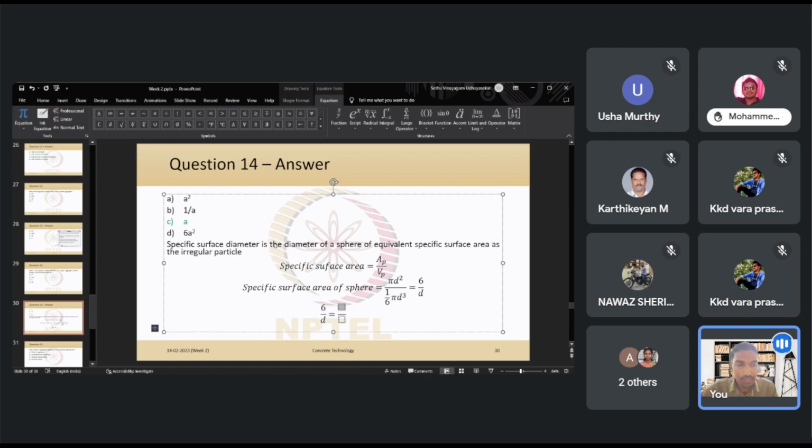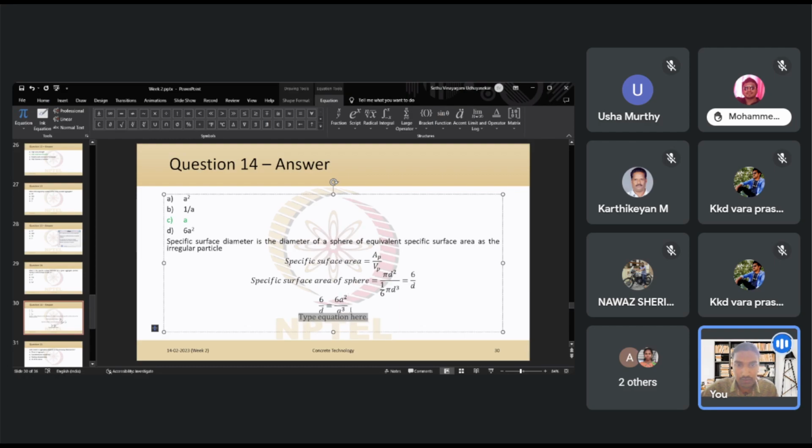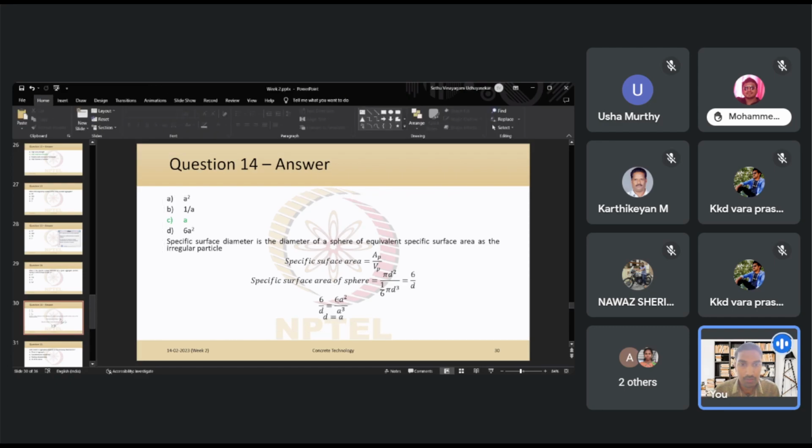For the cube, the area will be 6a squared, since each side is a square and there are 6 sides. The volume will be a cubed. The 6 cancels on both sides, and a squared over a cubed leaves a. So finally d is equal to a. The specific surface diameter for a cubical particle is nothing but its side length a.